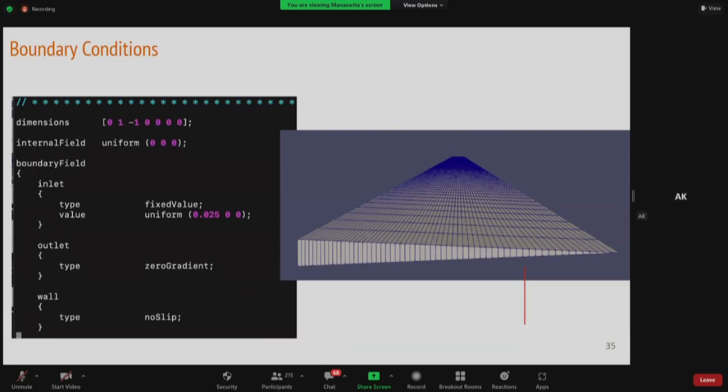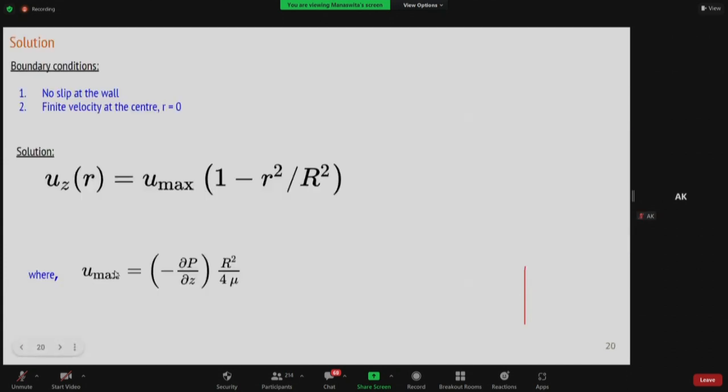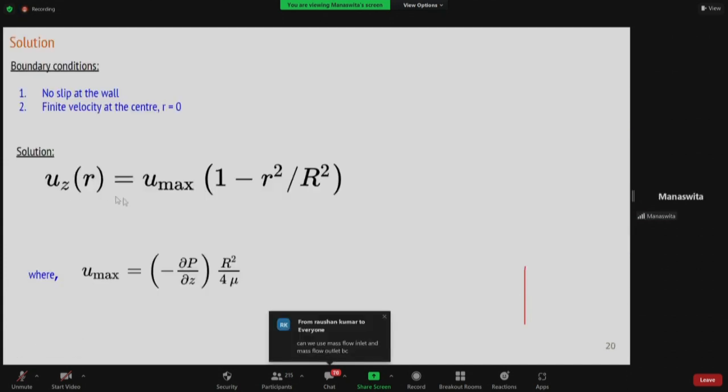Could you explain once again why we have to use finer mesh near the wall? See, the gradient direction is the radial direction. In the flow direction, of course, in the developing region there is some gradient, but beyond that we are setting duz/dz to be 0. In the fully developed region, there is no gradient. Now, if you take the derivative of uz with respect to r, what do you get?